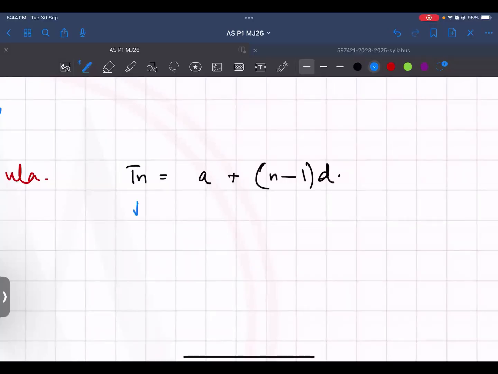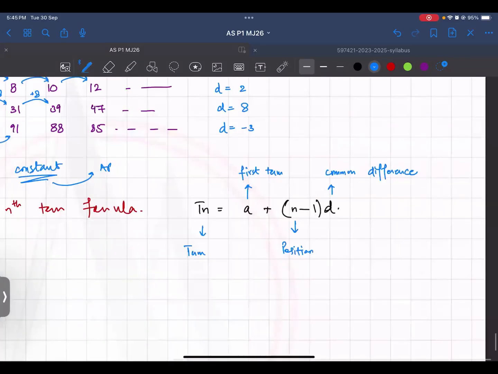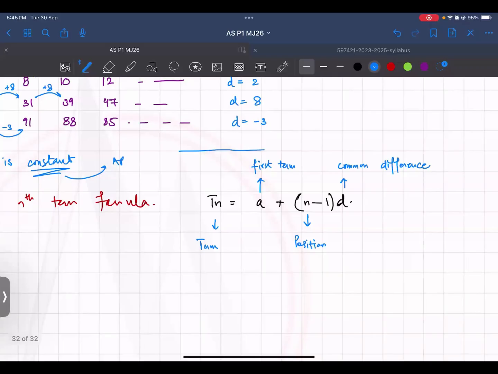So Tn is the actual term, right? a is the first term of the sequence. n is again the position for which you are trying to find the value, and then d is the common difference. So this is your formula. You have to learn this, and this is what you would use most of the time.